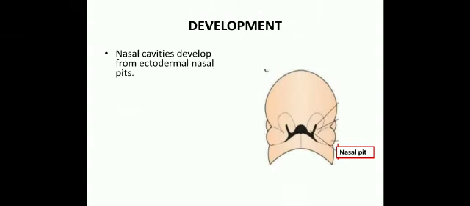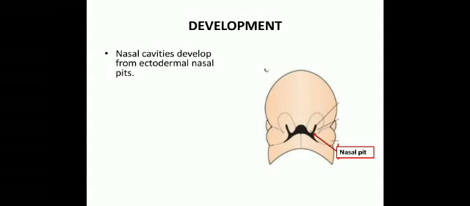The nasal cavities develop from the ectodermal nasal pits. The nasal pits deepen dorsally during the 6th week of intrauterine life to form nasal sacs. Each nasal sac grows dorsoventrally to the developing forebrain to form the primitive nasal cavity. The dorsal end of the primitive nasal cavity is separated from the oral cavity by the oronasal membrane.